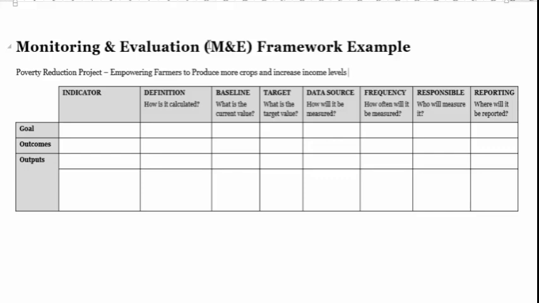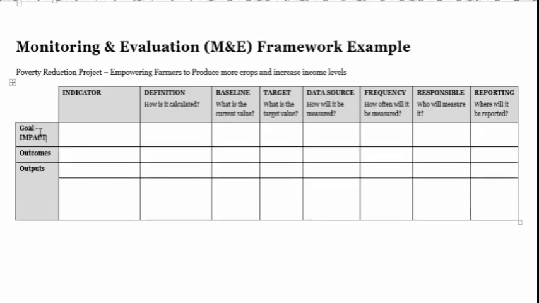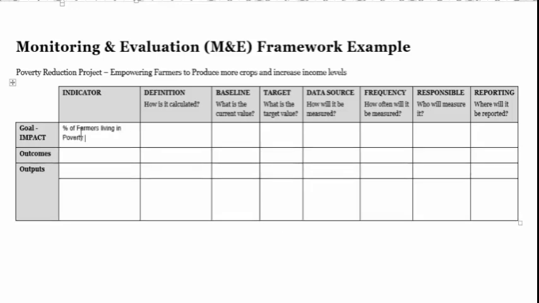At the goal or impact level, the key indicator might be percentage of farmers living in poverty. To go deeper, we can identify additional indicators that measure progress. For example, average income earned by farmers in USD, crop production levels, e.g., tons of maize per hectare. These indicators help us capture both income and productivity, which are central to poverty reduction through agricultural empowerment.